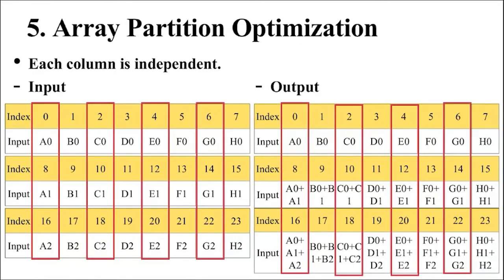Because those 4 methods are not the optimized ones, we can see that in this array and these 2 arrays, each column is independent of the others, so the best way to partition the array is to cut it in 8 cyclic blocks.